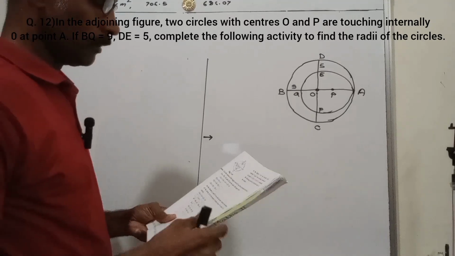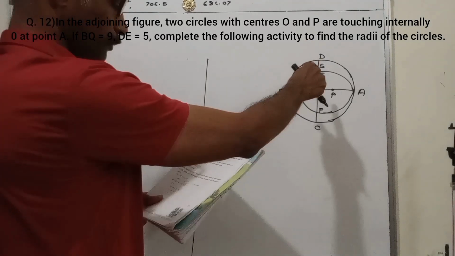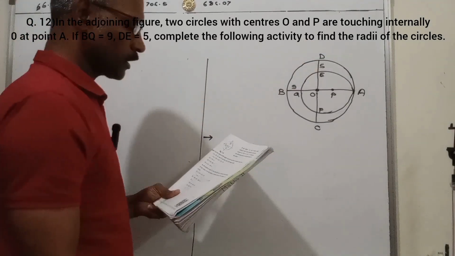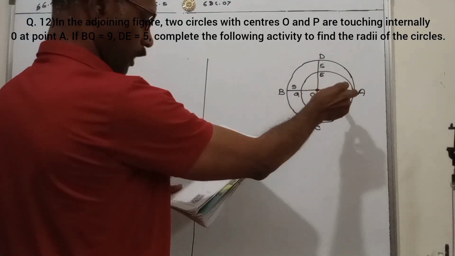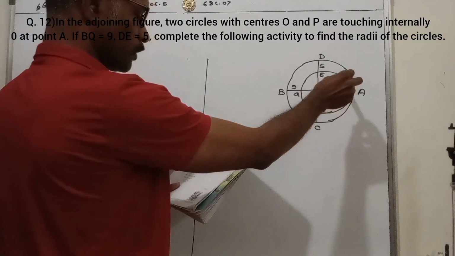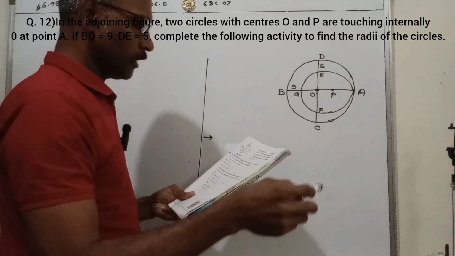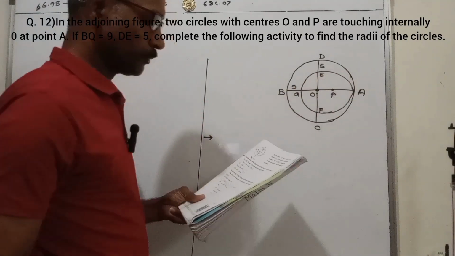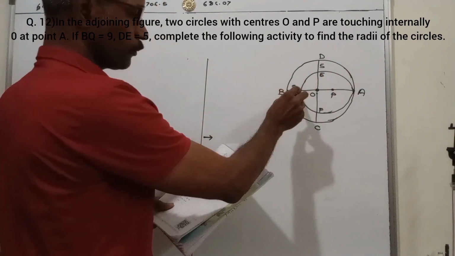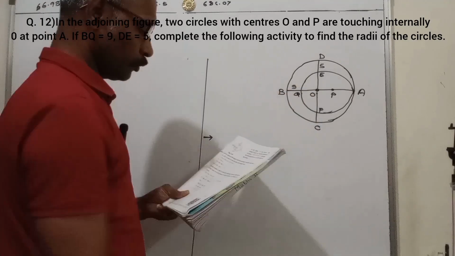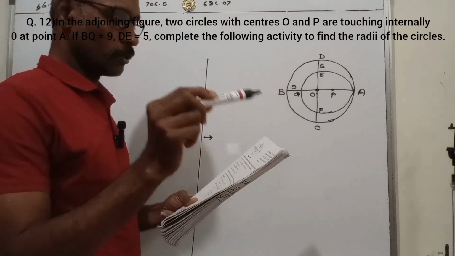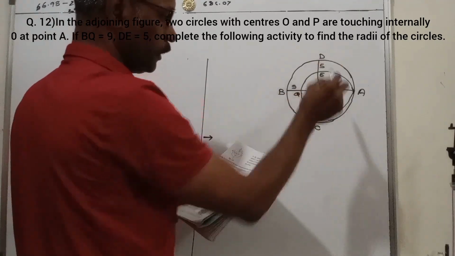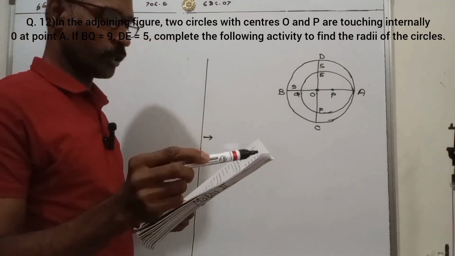Question number 12. In the figure, two circles with center O and P are touching internally, means inside, at point E. If BQ is equal to 9, D is equal to 5.